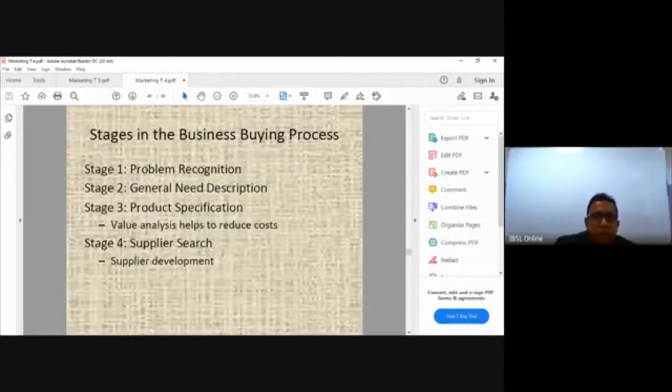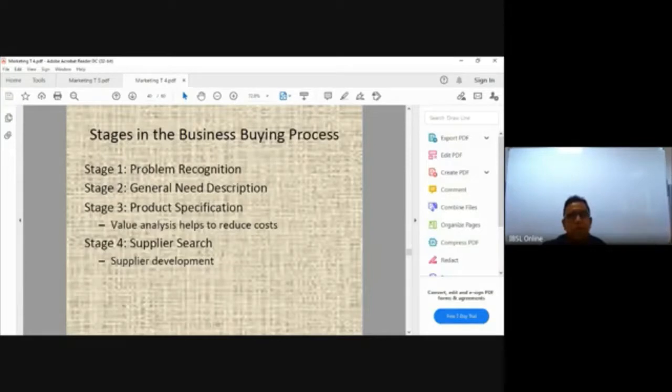In business buying also there are steps involved: problem recognition, general need description, and product specification. For problem recognition, say the current IT application is giving issues, on balance there are issues, there are bugs.